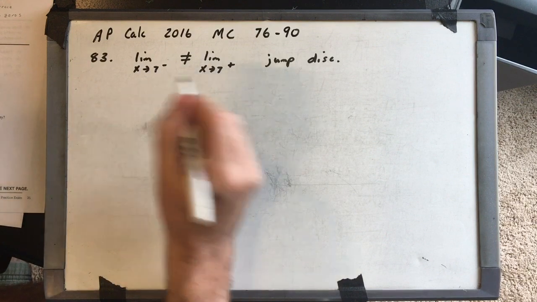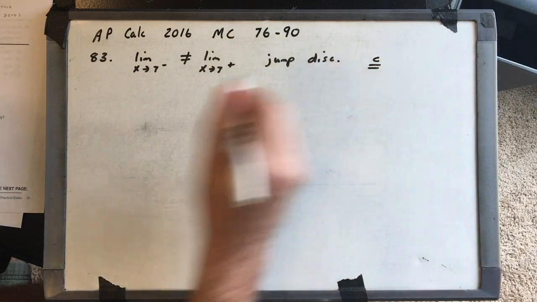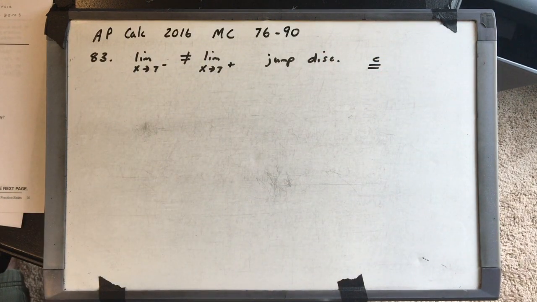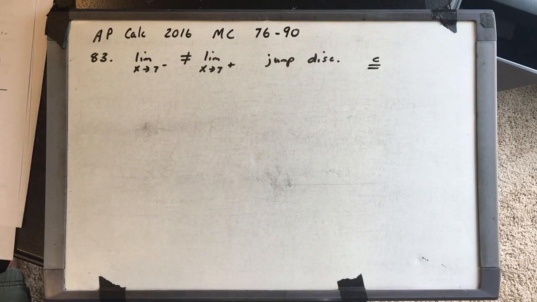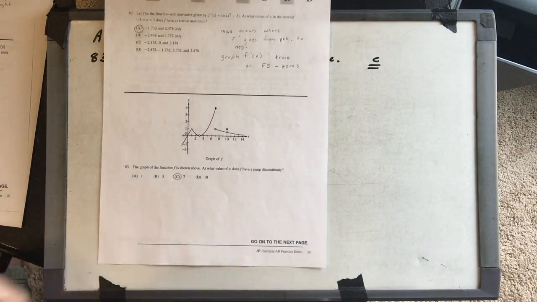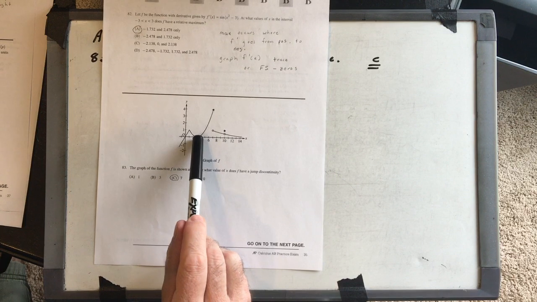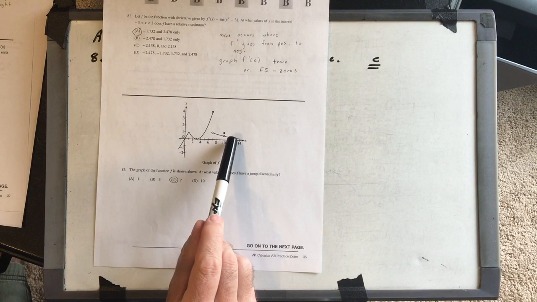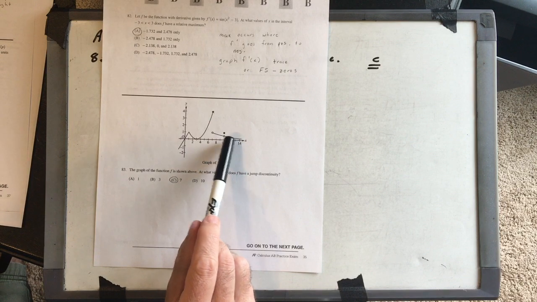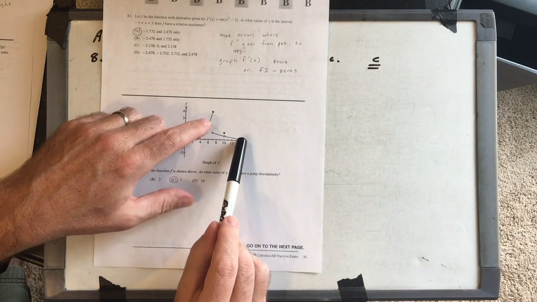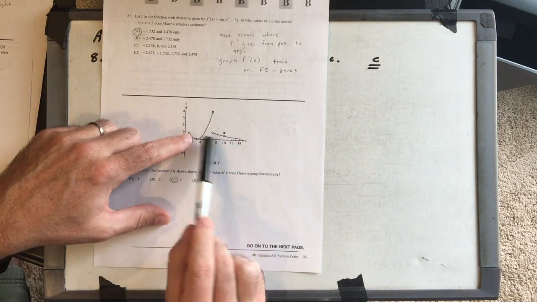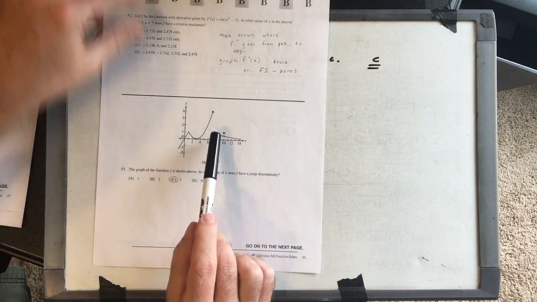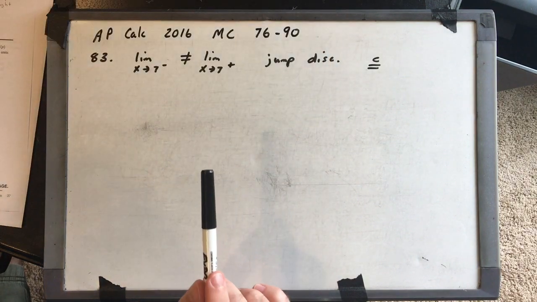And so it was option C. Okay, but you can see at 3 where there's a hole and at 10 where there's a hole, the limit from the left and the right are equal. Okay, your fingers come together at both of those. All right, if there's a jump, the limits from the left and the right won't be equal.